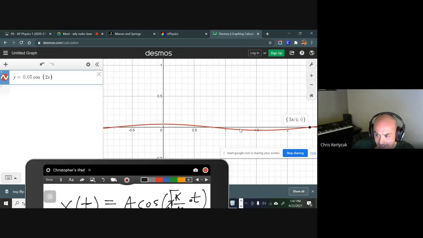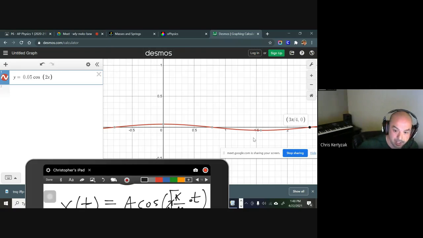So the time value is 3 pi over 4. Pi is like 3. 3 pi is like 3 times 3, like 9. 9 over 4, 2 and a quarter. So this is 2 seconds here, so this is like the 2 and a quarter second mark. So that means the full period is 2 and a quarter seconds.